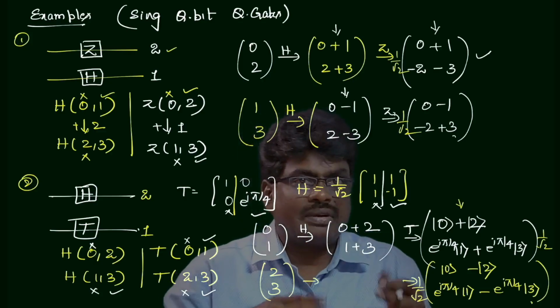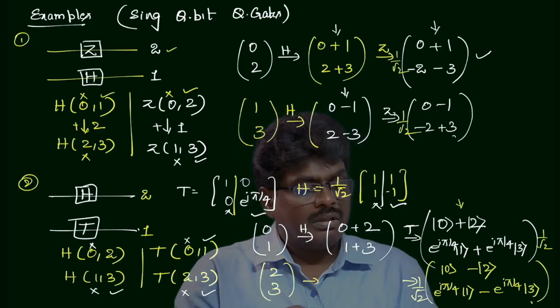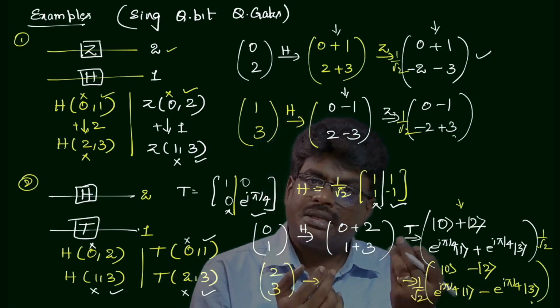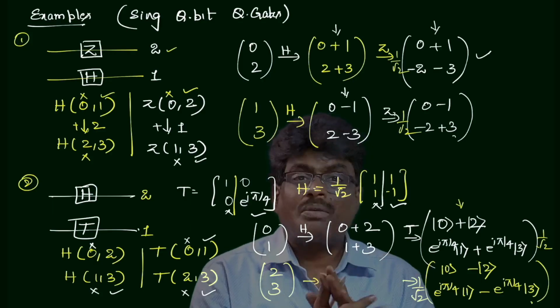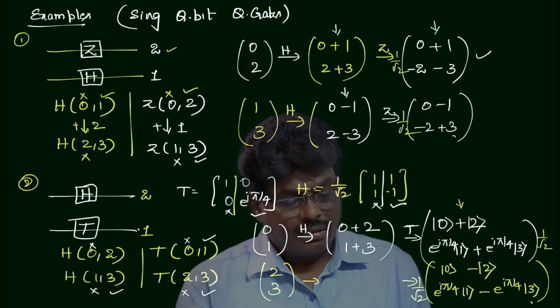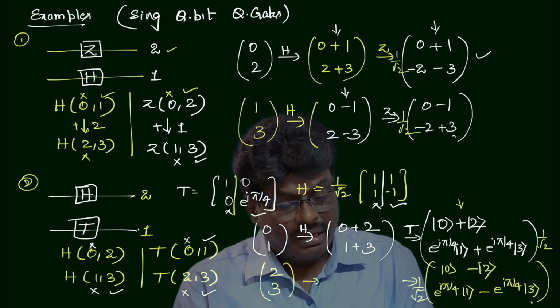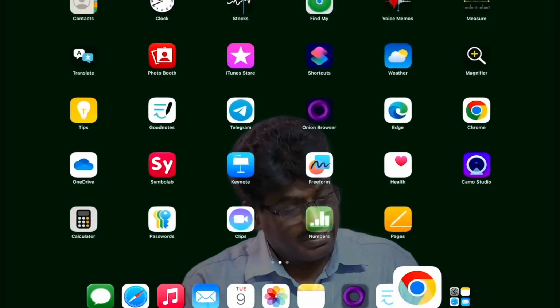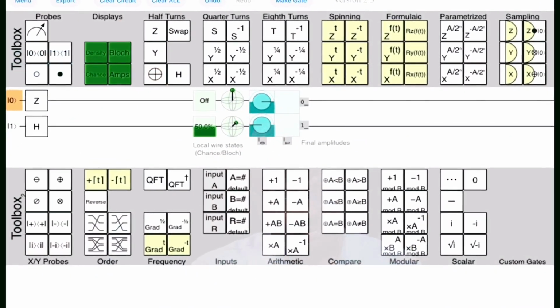Although if I forget that normalization factor, finally if 2 states are there, take 1 by root 2, 3 states are there, take 1 by root 3, 4 states are there, take 1 by root 4. Okay, right. Here we are checking this one, we got 0 minus 1. Now see that circuit, here this one 0, phase is 0 only, no problem.